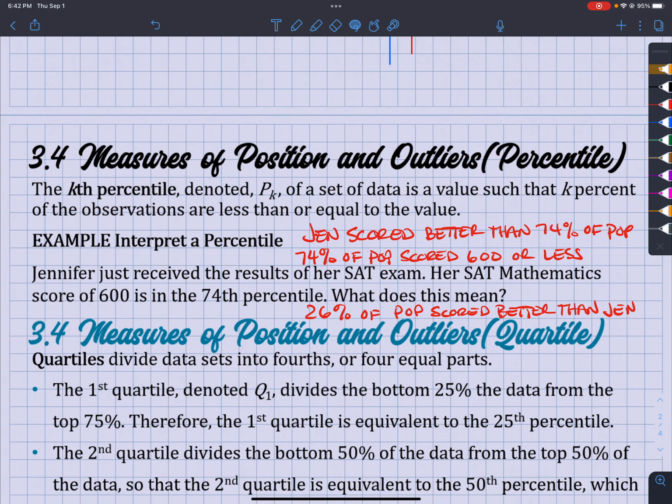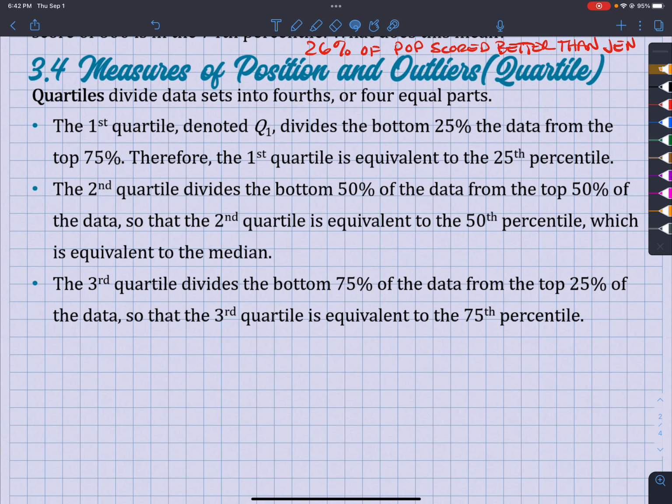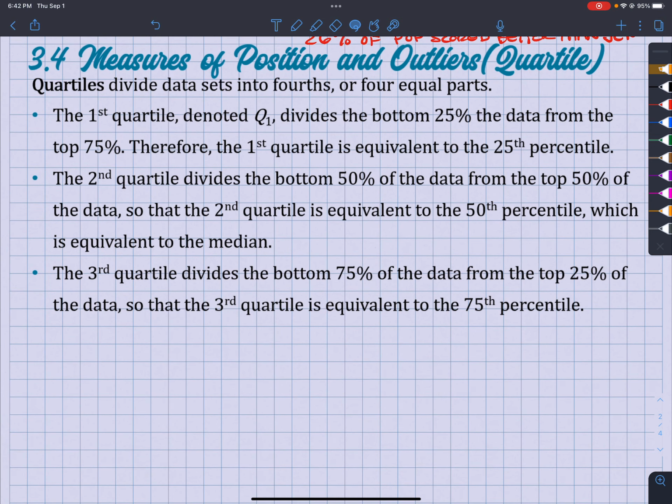All right. So let's talk about quartiles. Quartiles, as you guys can see, you can see the word quarter in it. So the first quartile is the bottom 25% of the data, with the top 75% above it. So the first quartile is equivalent to the 25th percentile.